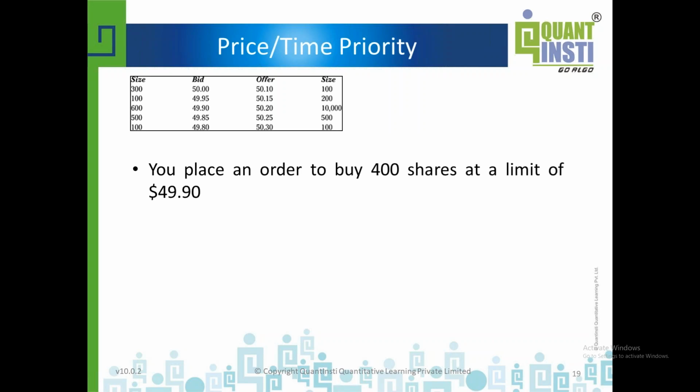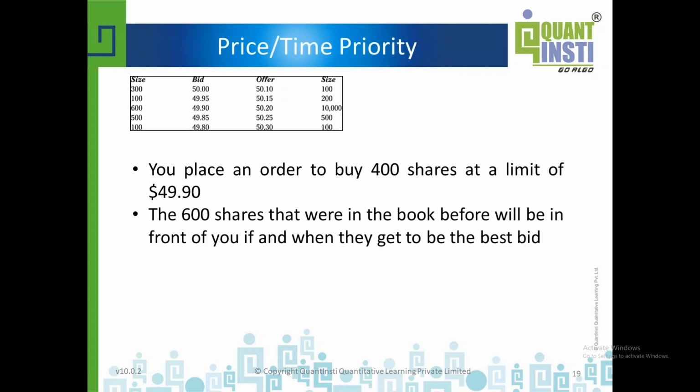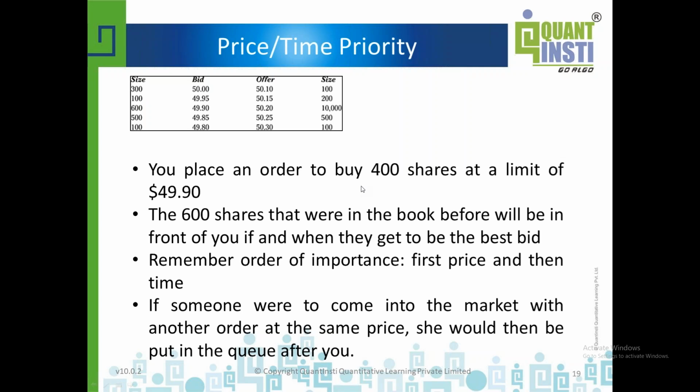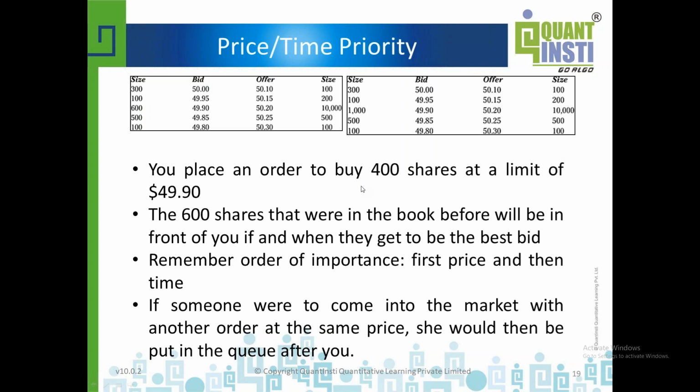Just an example, which I've already gone through: you place an order to buy 400 shares at a limit of 49.9. The 600 shares that were in the book before will be in front of you when they get to be the best bid. So first price and then time.